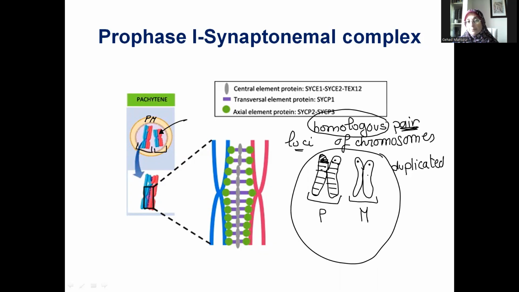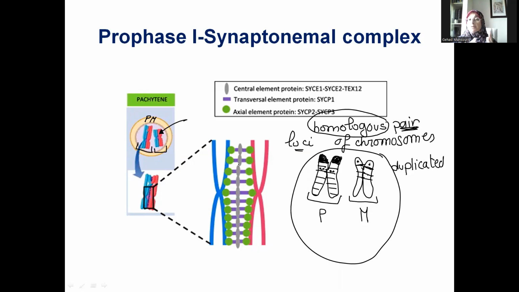So say, for example, this locus on the paternal chromosome is for eye color, then this locus on the homologous maternal chromosome will be for eye color. And if that locus is for eye shape, then that locus on the homologous maternal chromosome will be for eye shape. Then they carry genes for homologous characteristics.